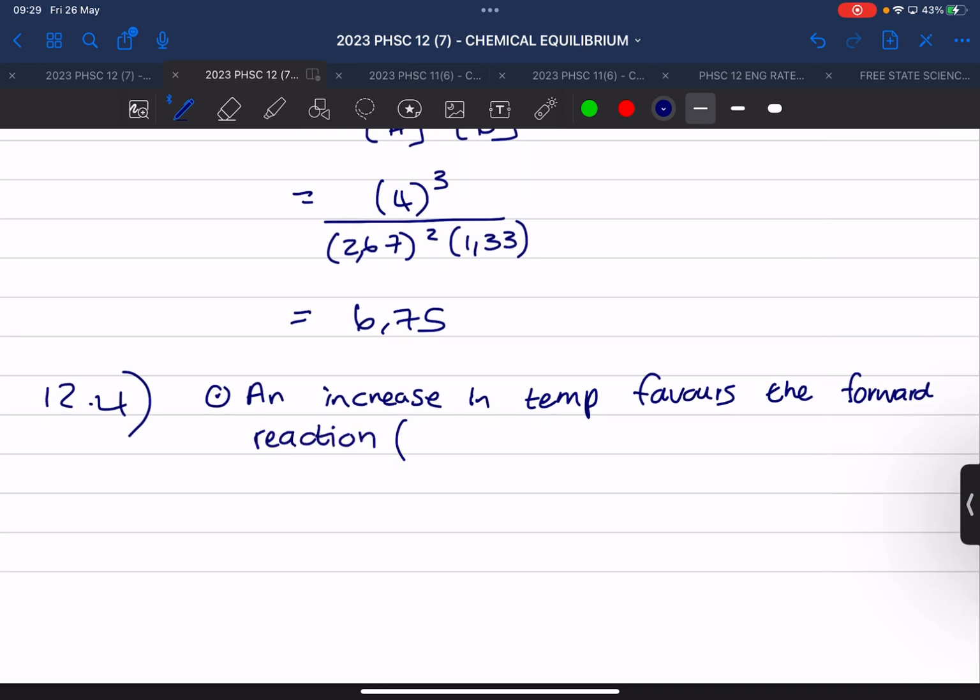And you can even go further to say, why did we see that? We saw that the number of products increased. That's how we saw it.